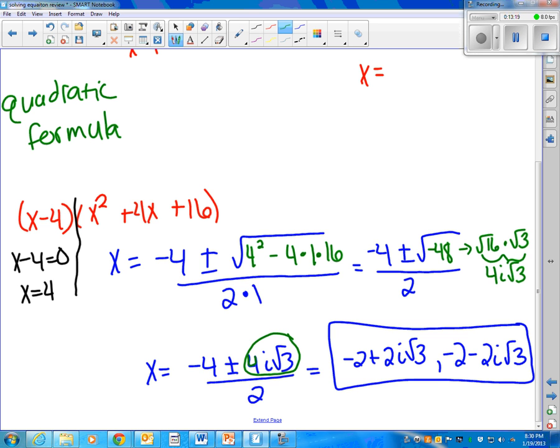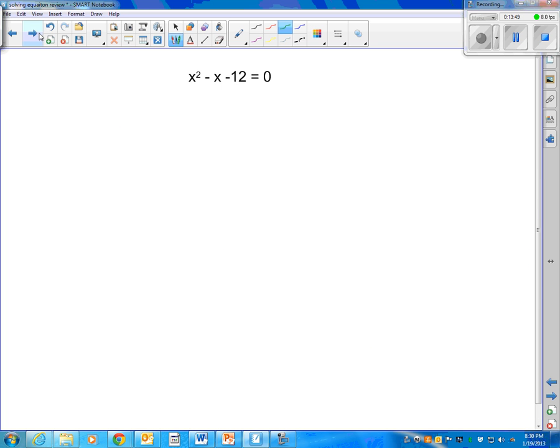Everything reduces by 2, the 4 and the 2, which gives me my other 2 answers, negative 2 plus 2i radical 3, negative 2 minus 2i radical 3. That's why they don't show up in the calculator, because they're imaginary numbers. But that gives me all 3 solutions. So again, don't forget about the x equals 4. 1, 2, 3.